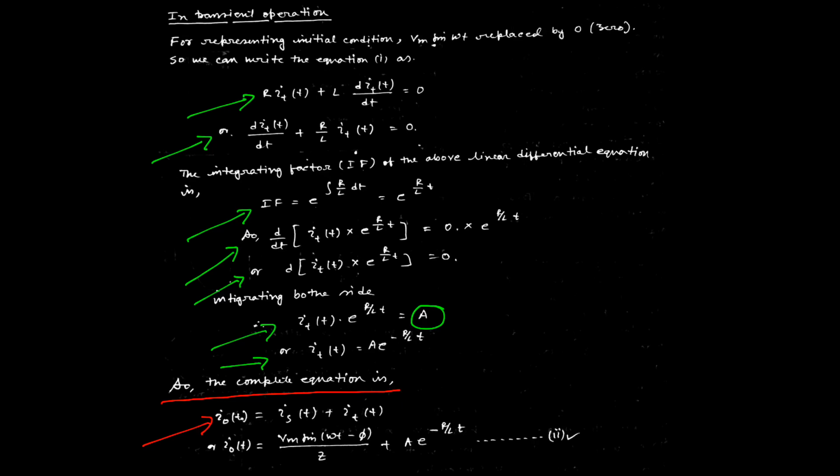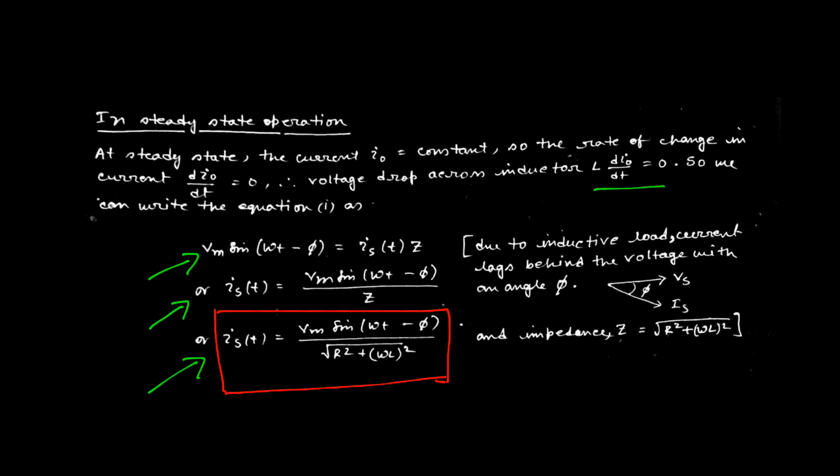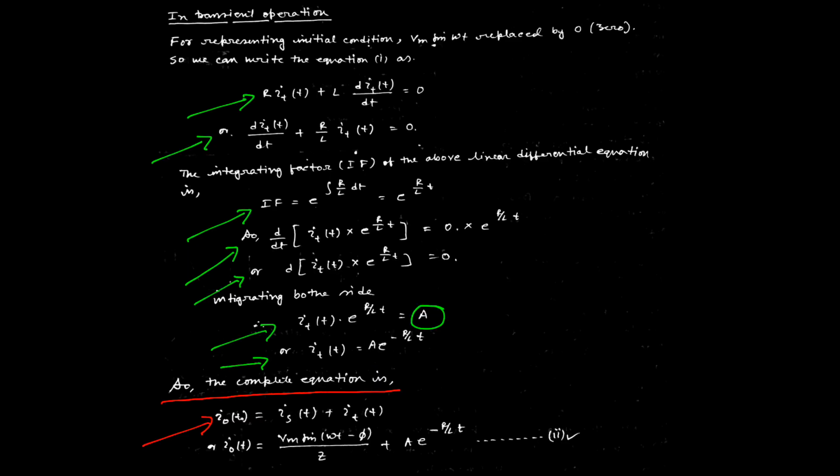The steady state current, as discussed before, is Vm sin(omega t minus phi) by root over of R square plus omega L square, that is Vm sin(omega t minus phi) by Z, and i_t is A into e to the power minus R by L into t. So this is the complete solution for i_0(t).